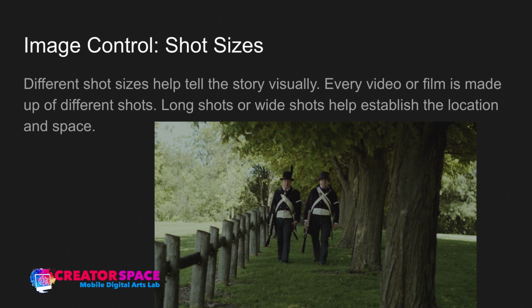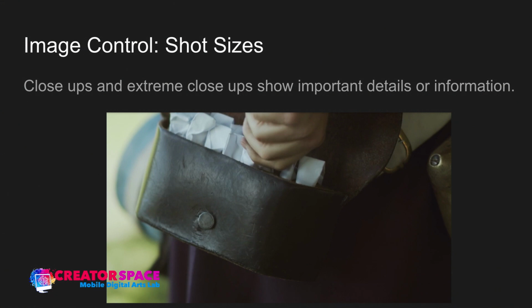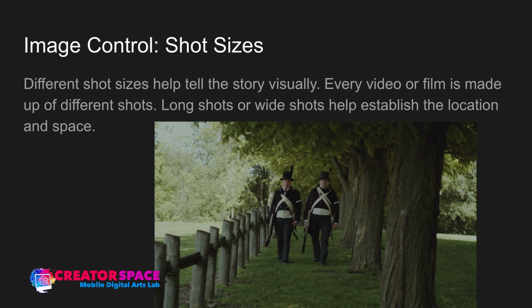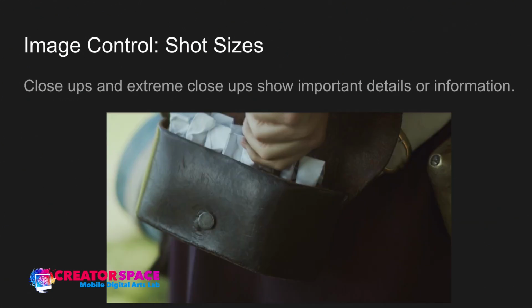We have no idea that he has the side pack that has that gunpowder in a paper roll, right? So here's that detail, right? So imagine if we only saw this, we're not getting any of that information, but by getting into this close-up, we can get into those details. And the iPads are amazing for these extreme close-ups. They're really, really well designed for that. And we'll look at how that can work in creating our shots.